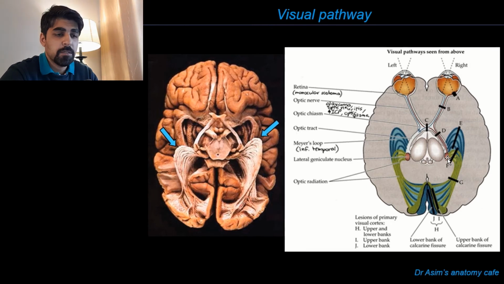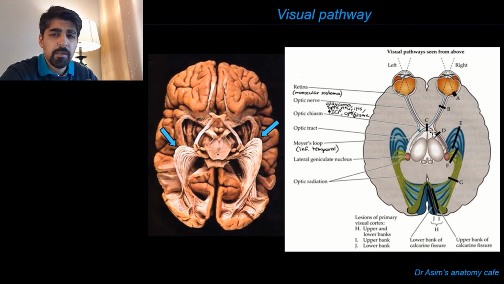Now before we actually go further from the lateral geniculate body all the way back to the occipital cortex, let's just understand some of the crossing of the fibers which is happening over here. So what you can see here is that the optic nerve, which contains the temporal and the nasal fibers, when these fibers reach a region called the optic chiasma, the fibers actually cross over.